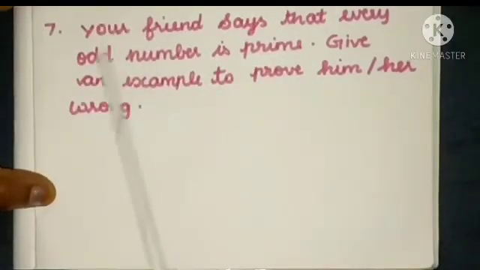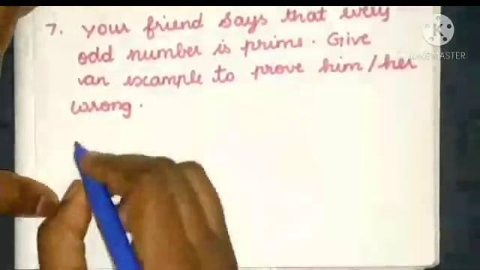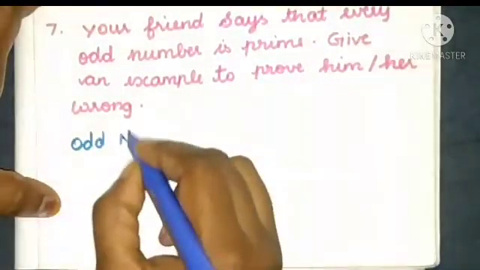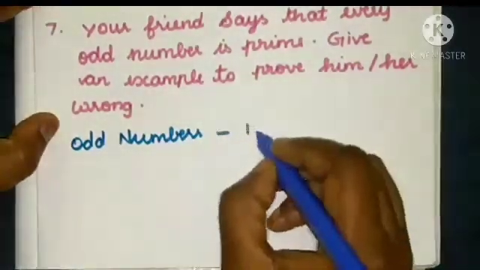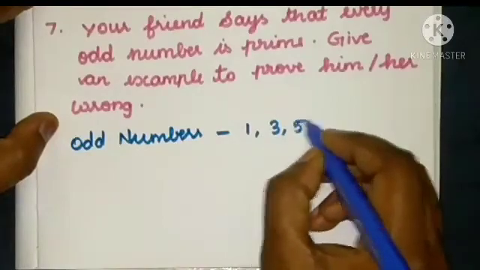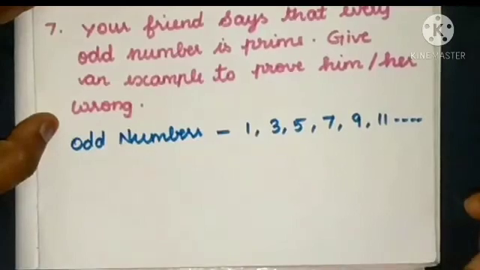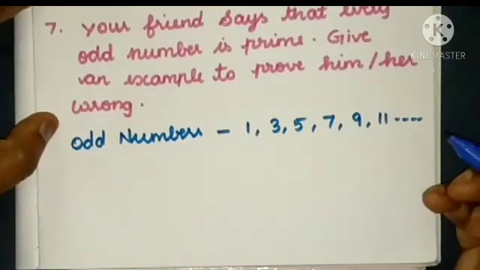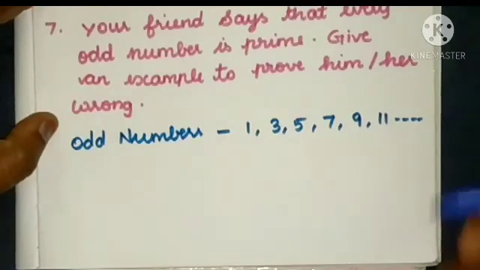Seventh one. Your friend says that every odd number is prime. Give an example to prove him or her wrong. First, let's write the odd numbers: 1, 3, 5, 7, 9, 11 and it goes on. You have to prove to your friend that not every odd number is prime.